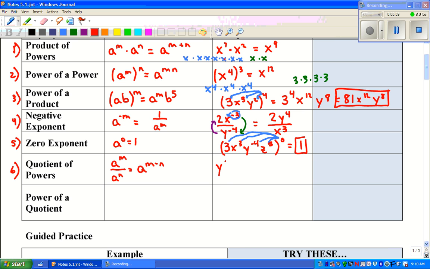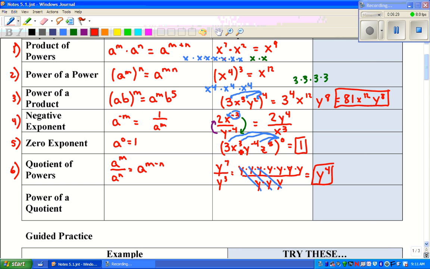Y to the 7th over y to the 3rd really means y times y times y times y times y times y times y, all over y times y times y. We can cancel out, and cancel out. So we're really left with y to the 4th power. 1, 2, 3, 4.